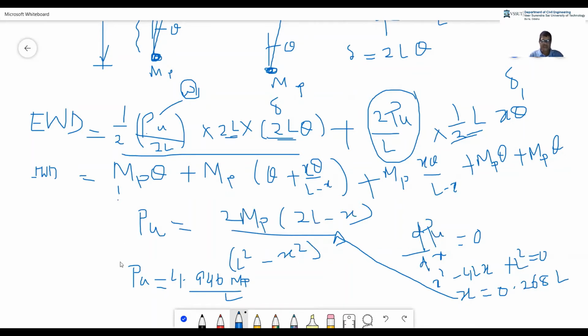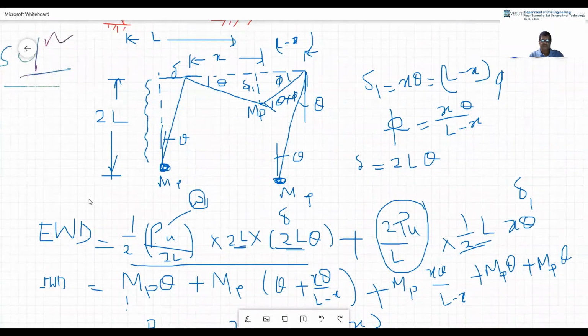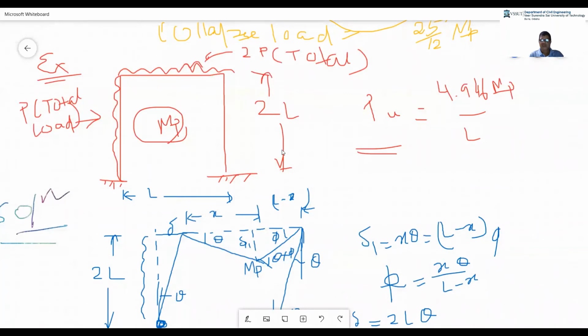This question was asked: for this problem, find out the least value of PU by the composite mechanism. That means by doing the combined mechanism, find this value. You can go for the beam mechanism here, then the panel mechanism also, then you can combine and find the value. So this is how it will be obtained.